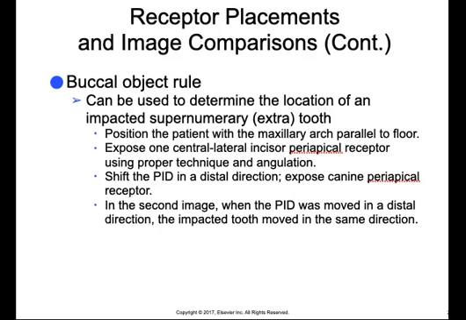We'll then shift the PID in a distal direction and then expose the canine periapical receptor. In the second image, when the PID was moved in a distal direction, the impacted tooth moved in the same direction. Therefore, the tooth lies to the lingual, which is why lingual equals the same.